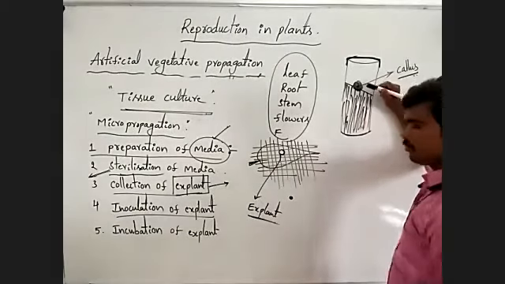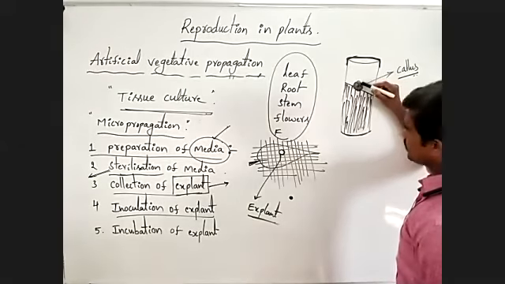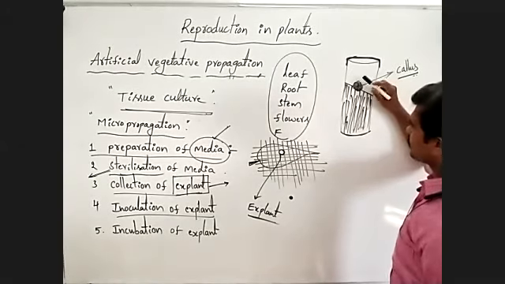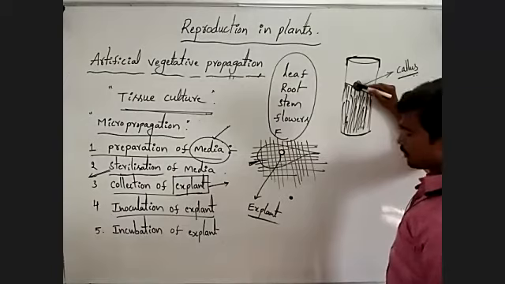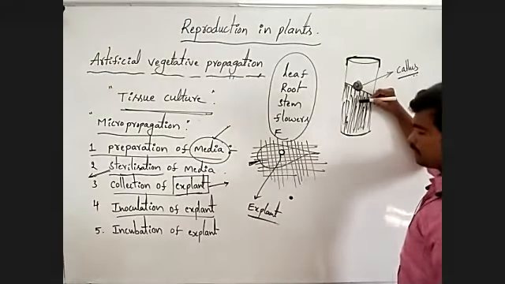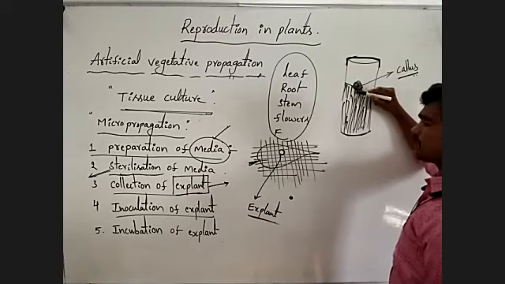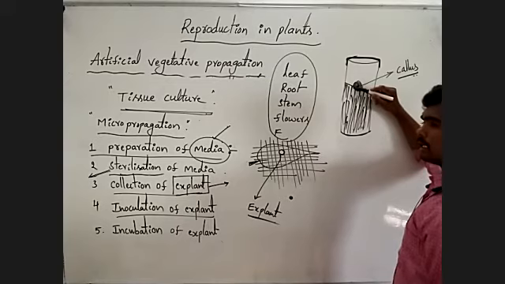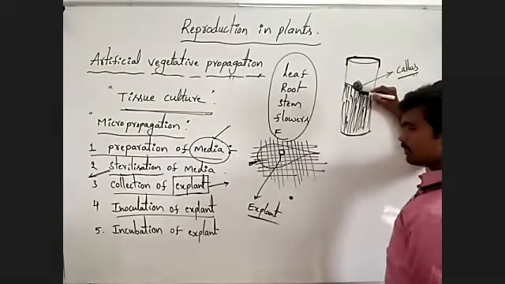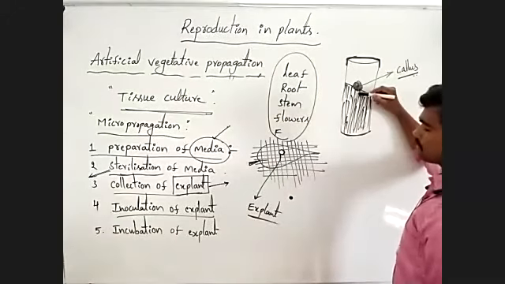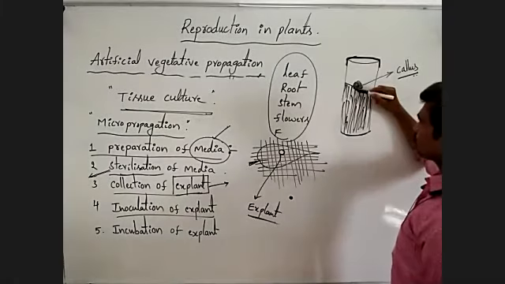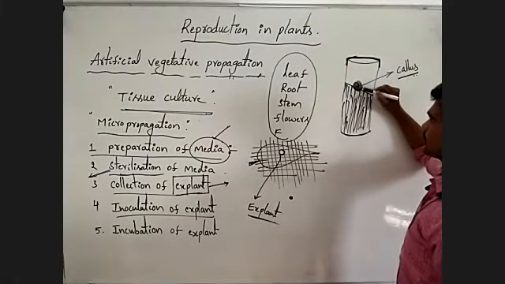Listen carefully here. When we inoculate the explant on the culture media, it absorbs the minerals and nutrients from the culture media, is involved in the cell division process and forms a number of cells.